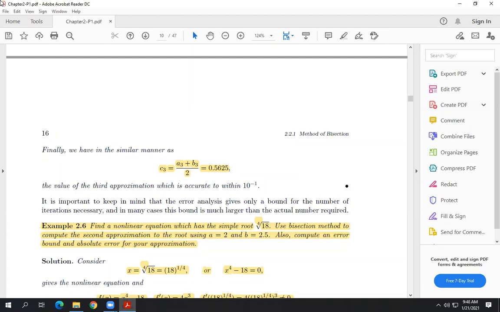Number 7, Makran. Number 8, Zaid. Number 9, Osama. Number 10, Hassam. Number 11, Mahand.